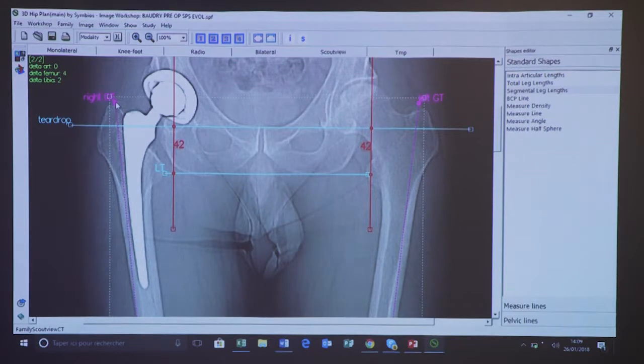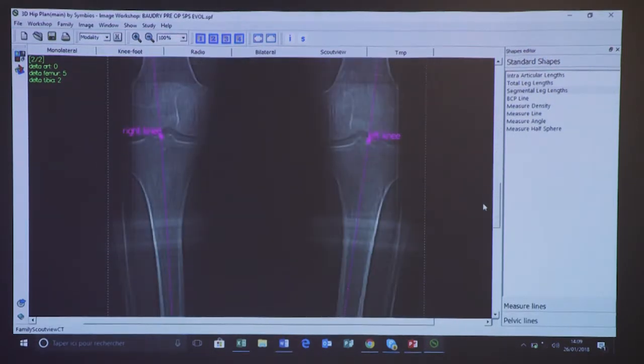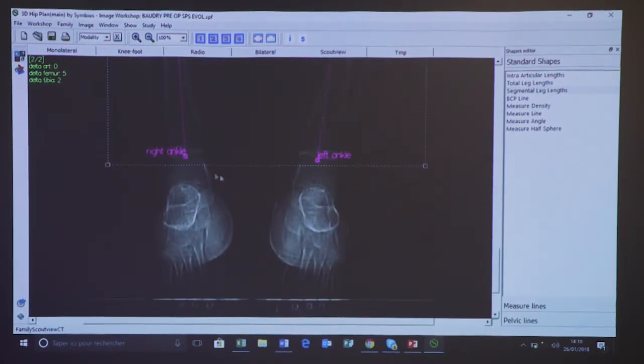So for the segmental length, you have the top of the great trochanter, the middle of the knee, and the middle of the ankle.